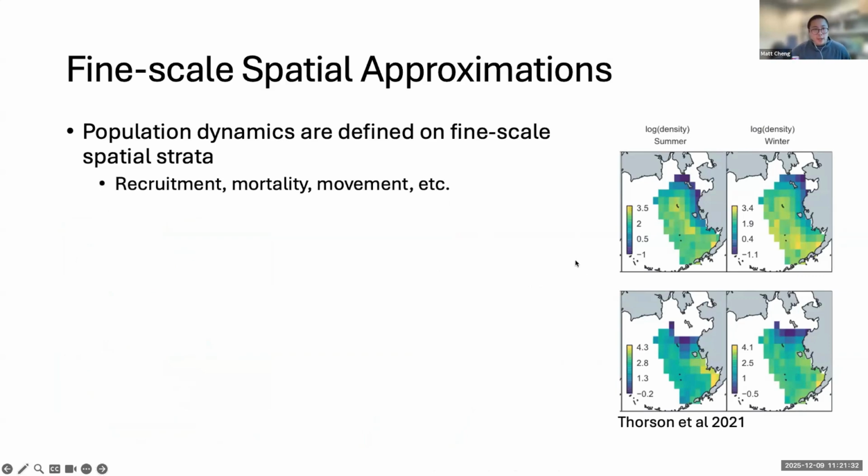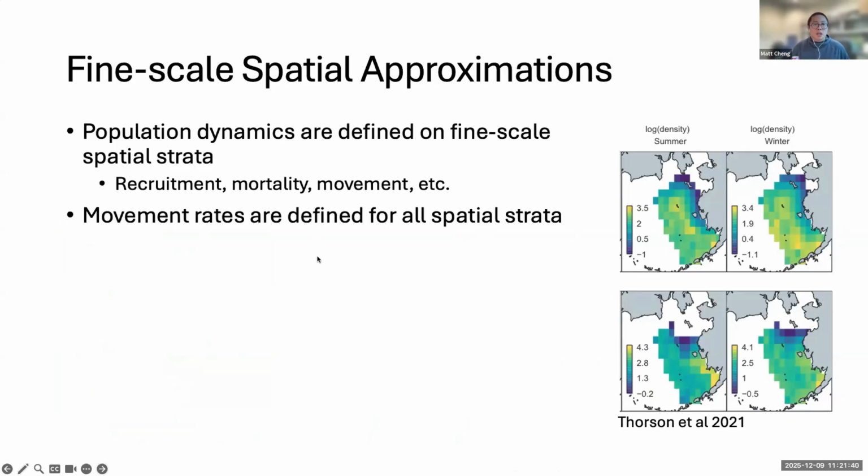Within each spatial strata, you'll be modeling recruitment, mortality, and movement processes as well. Generally movement rates are defined for all spatial strata, so you would expect a bunch of parameters to be estimated.